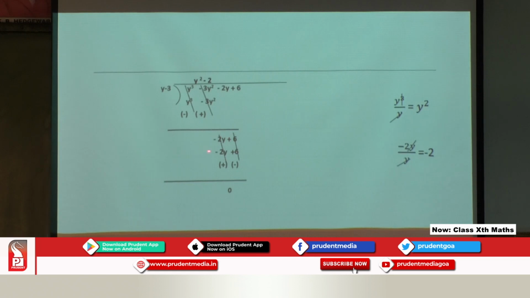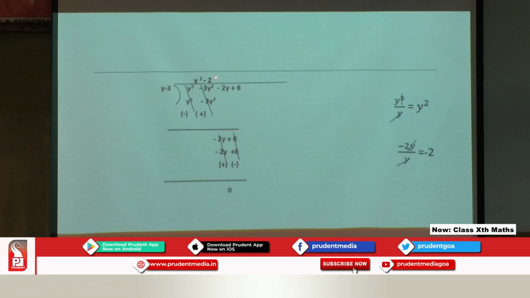Now the first term of the dividend is minus 2y. Minus 2y is divided by the first term of the divisor, that is y. Cancel y and y, we get minus 2, and this minus 2 is the second term of the quotient.